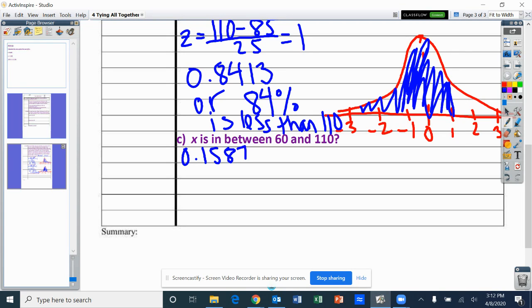Okay. So what you're going to do is take the area for the z-score of 1 minus the area for the z-score of -1 to get your value. So for the z-score of 1, you're going to do 0.8413 minus 0.1587. And we should get a number we've seen before, but we can always just double check.